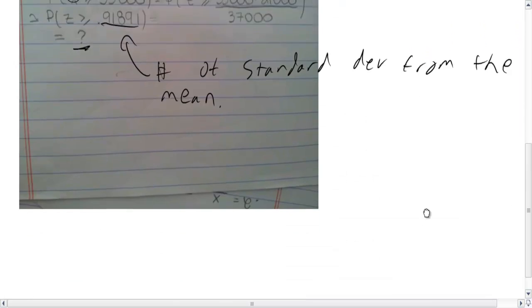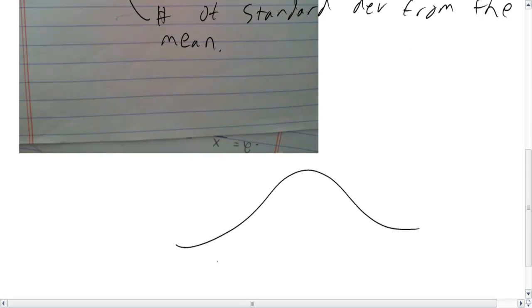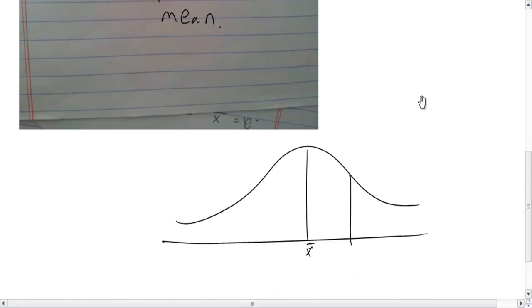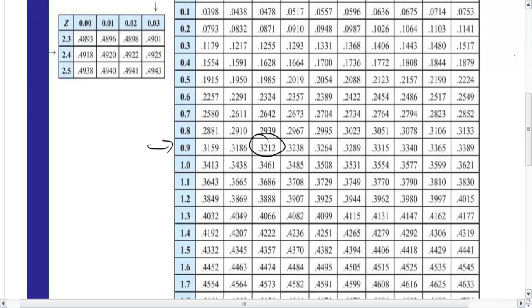Okay, so for ours here, for our normal curve, they are saying from the mean to, actually that's the wrong mean, but that's beside the point, to our value of 0.92, the z value, the probability of being in there is 0.3212.